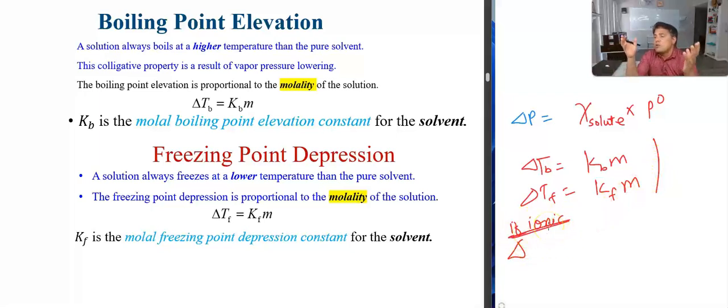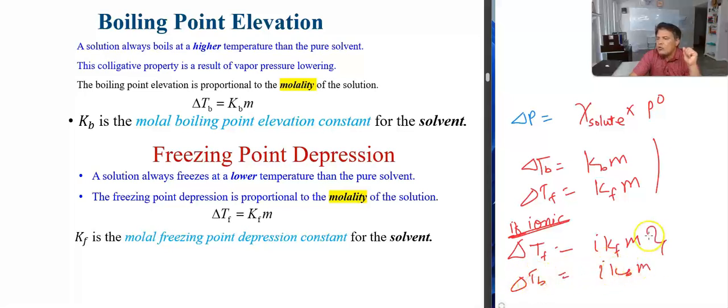Ionic compound means if you put that in the water, it can dissociate, right? If it can dissociate, then we use the van't Hoff factor. For example, delta TF will be equal to i KF m, and delta TB is equal to i KB m, if that is ionic.